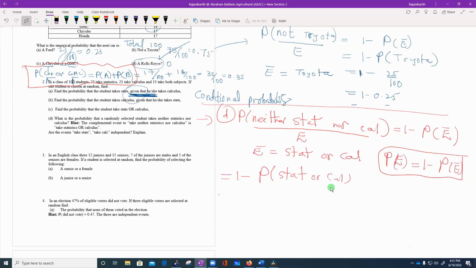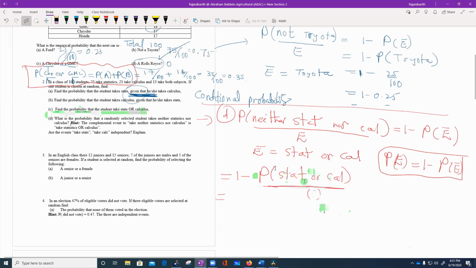Why does this make it easy? Because you already know the answer for the probability of stat or cal. It's exactly part C. Look at the part C problem: finding the probability that the student takes stat or cal. That is the one I want, so you already have that answer.